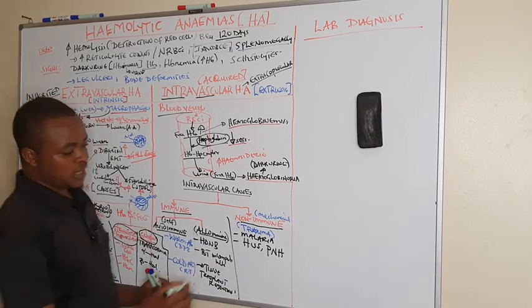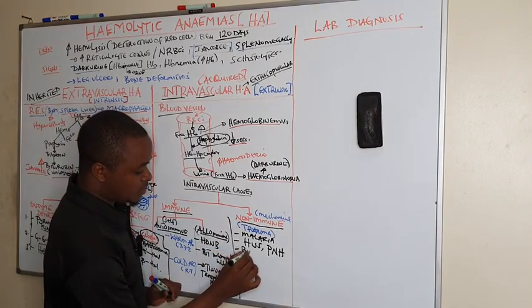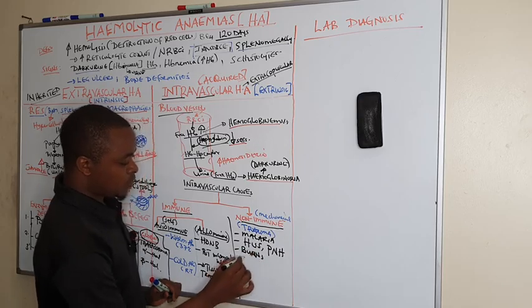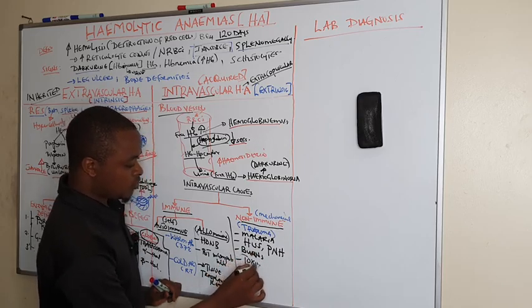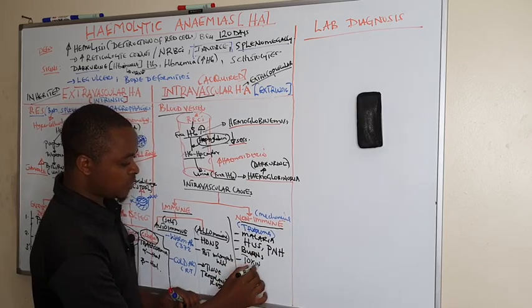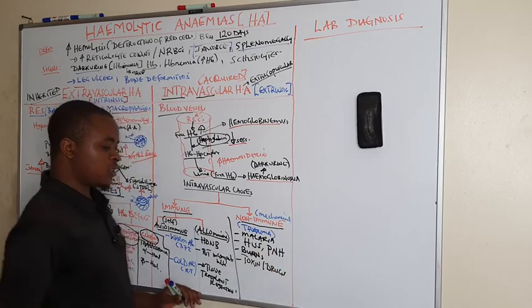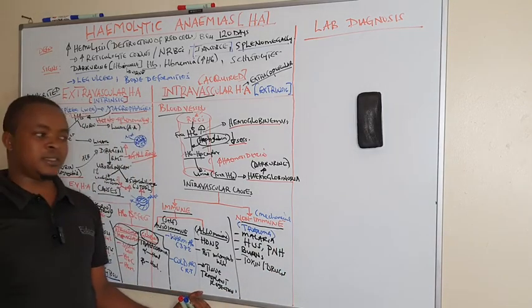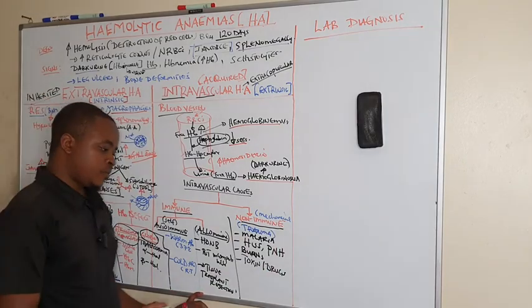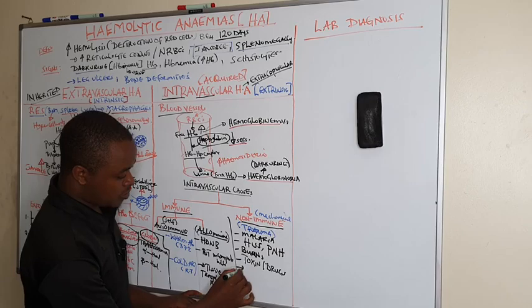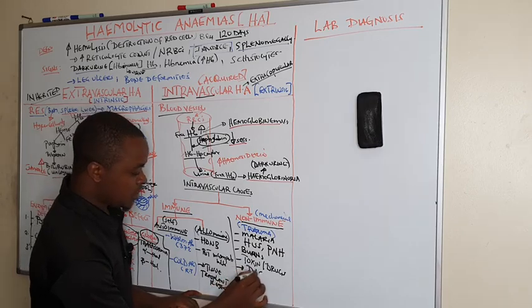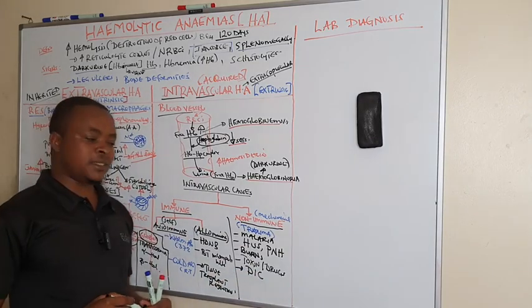And other causes can even include severe burns. If someone has severe burns, toxins like snake toxins, poisons, drugs that induce hemolysis like sulfonamides. Then we can look at other causes like disseminated intravascular coagulation, that is DIC.